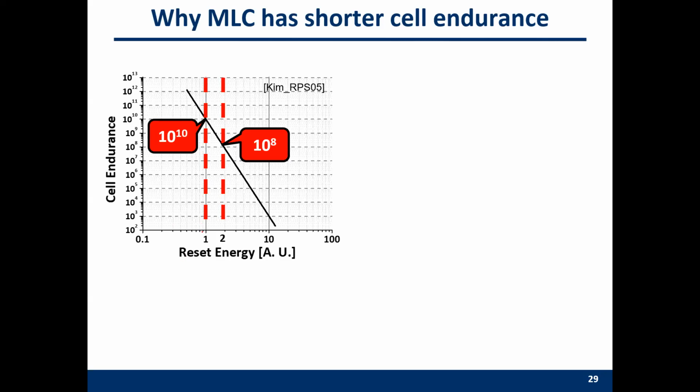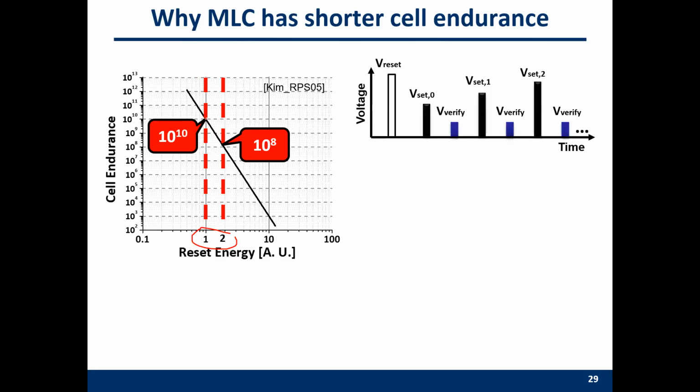So if I double the reset energy, then the cell will be broken much earlier. The cell lifetime is reduced by maybe 99% in this case.